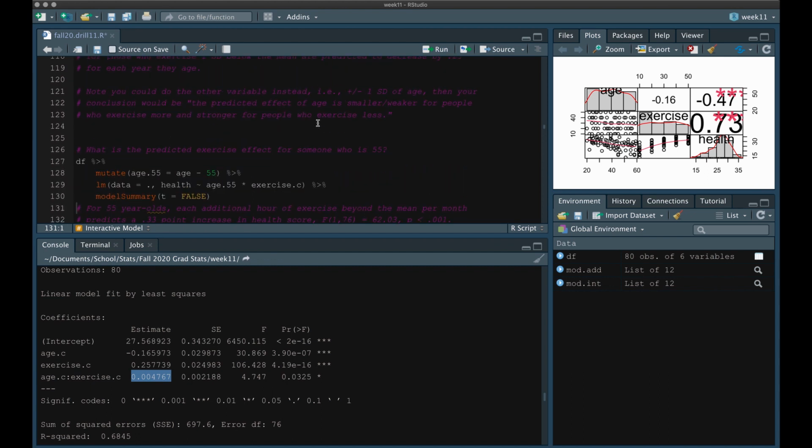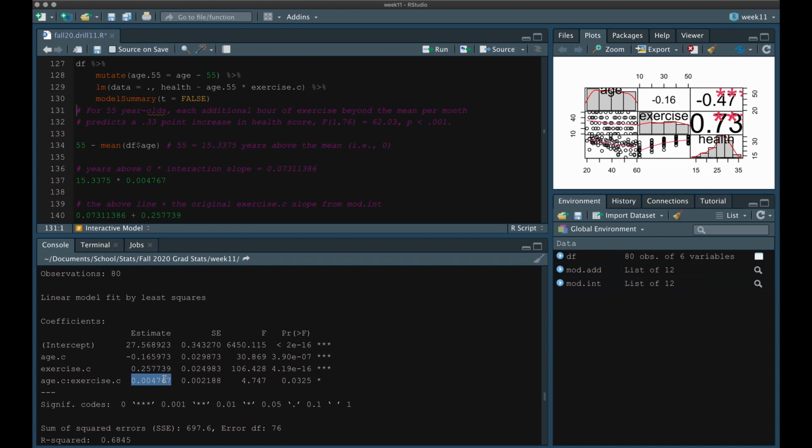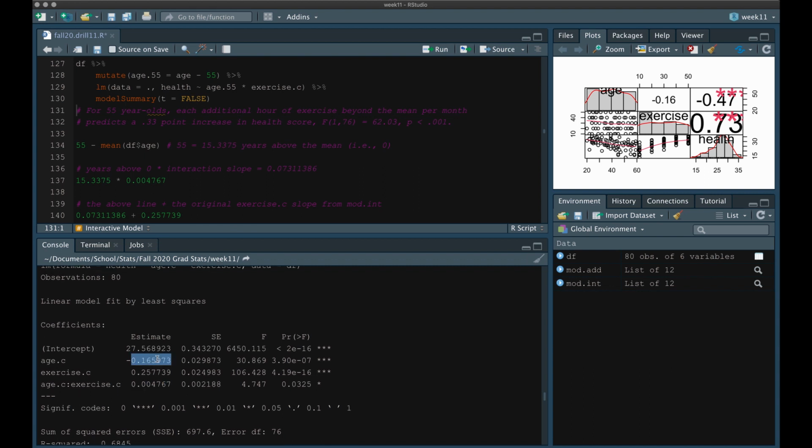So that is what our interaction slopes tell you. This slope tells you how much the effect, the slope of x2, changes with a 1 unit increase in x1, or vice versa. What does a 1 unit increase in x1 do to the slope of x2? Well, you just have to see how many units different it is and multiply that by your slope.